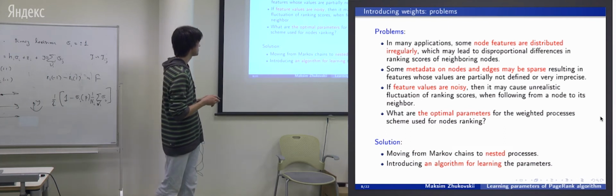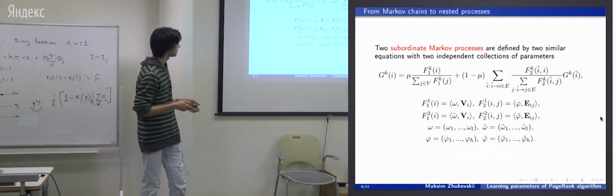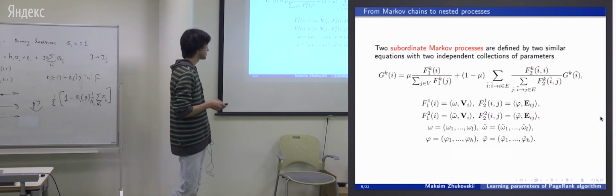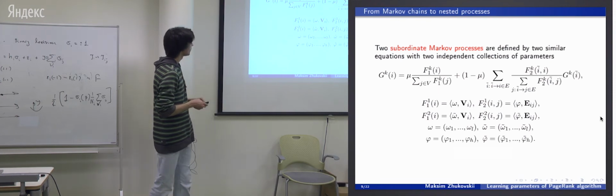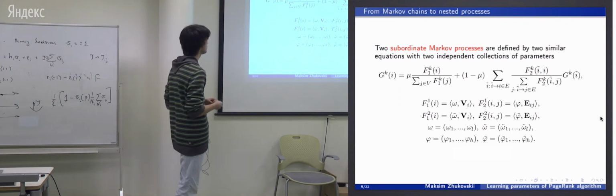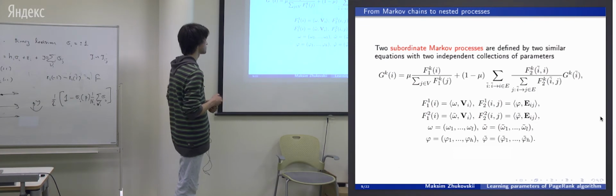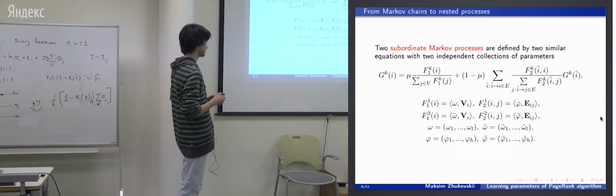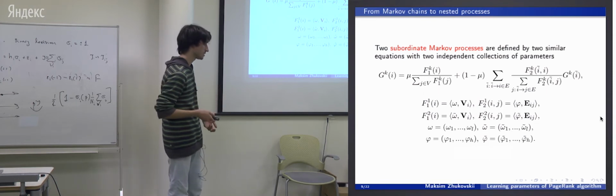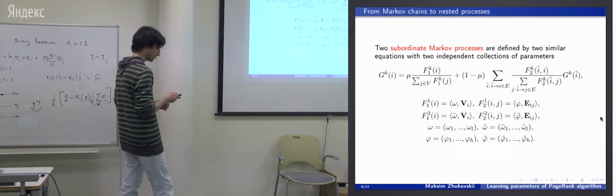So first of all, let me define the nested processes. We start from defining the weights of our pages and our links, and these definitions are based on two subordinate Markov processes. First of all, we consider two similar equations with two independent collections of parameters, and the solutions of these two equations are G1 and G2. Using G1 we define weights of vertices, and using G2 we define weights of links.